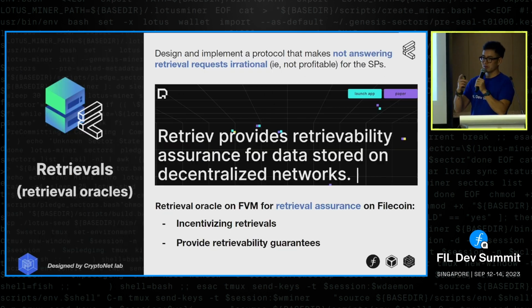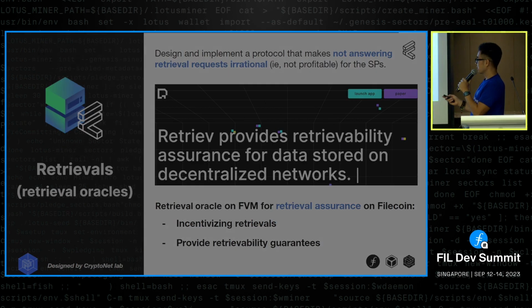I know that retrieve.org is something that CryptoNet Lab proposed. The whole structure and intention is using a smart contract, with a design involving a referee on the network, to make sure the retrieval providers are incentivized to provide retrievability on-chain.